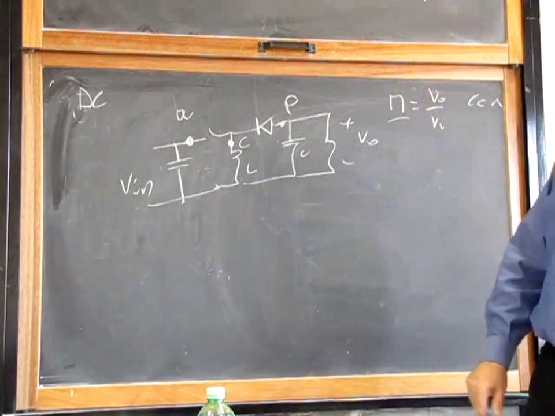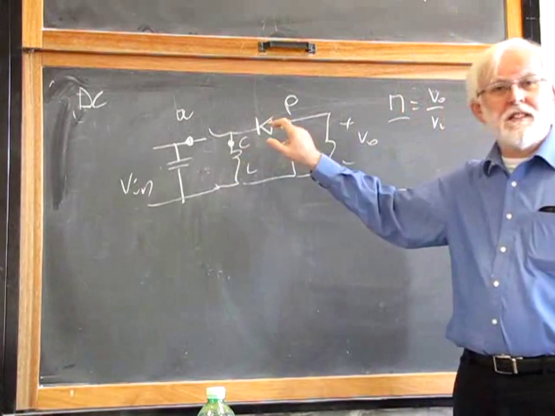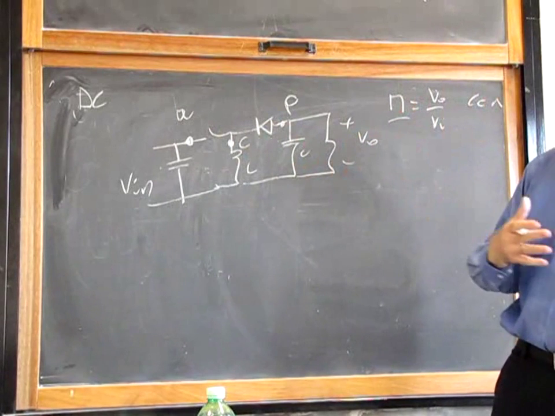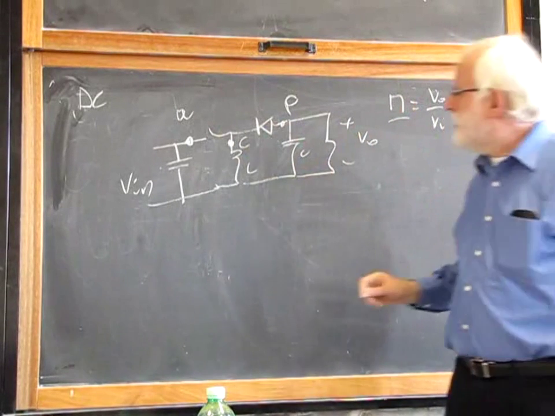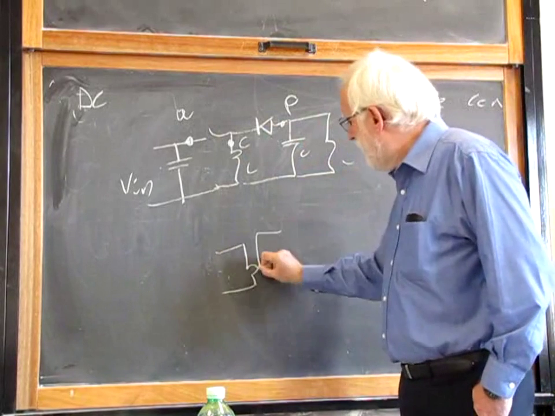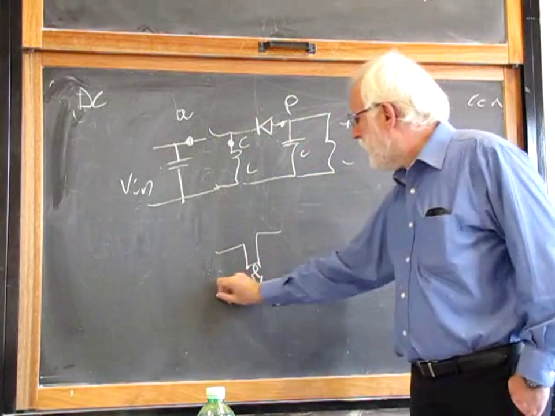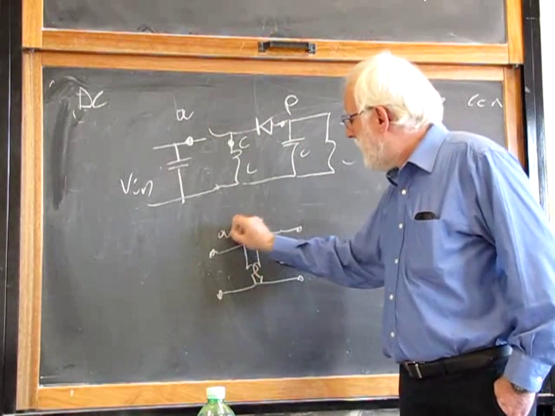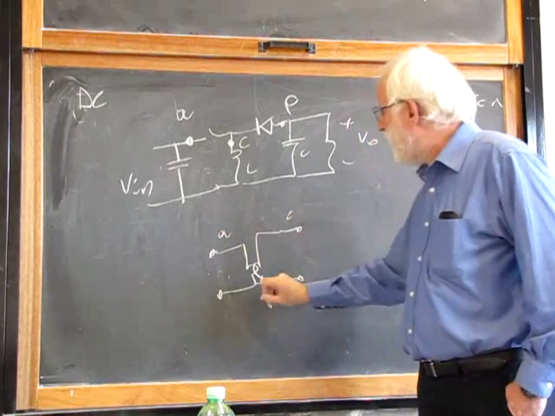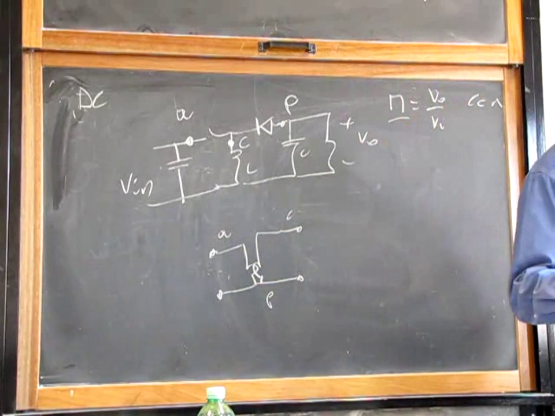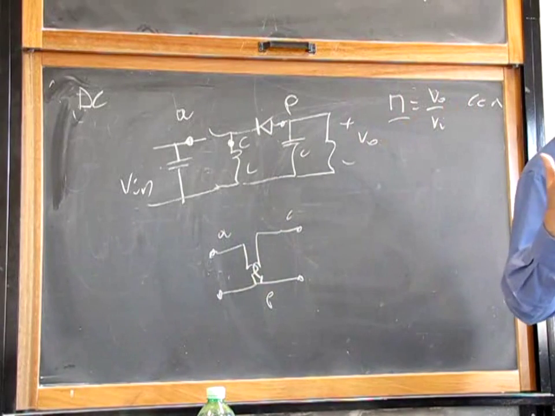So my idea is, instead of these two switches, I put its time invariant model and see what happens. So I can put the transformer over here, A, C, P, and I go around this transformer to connect everything else that is in our original circuit.